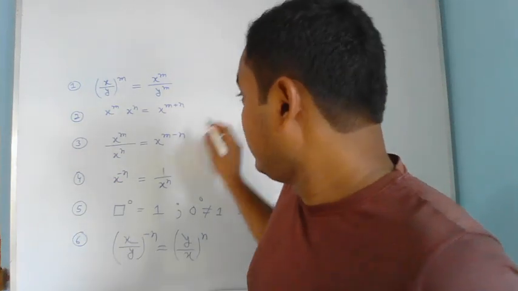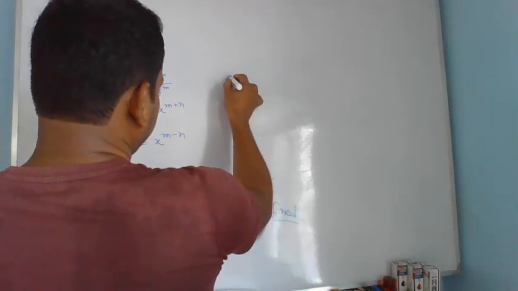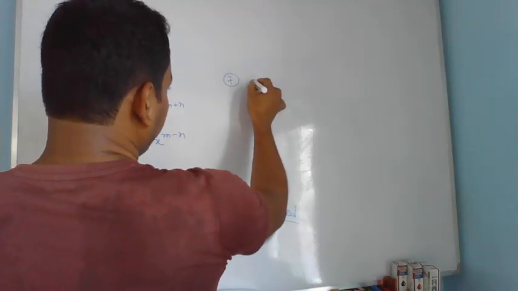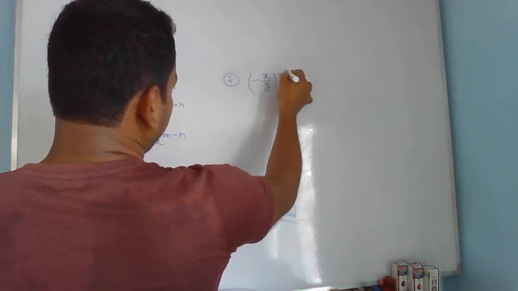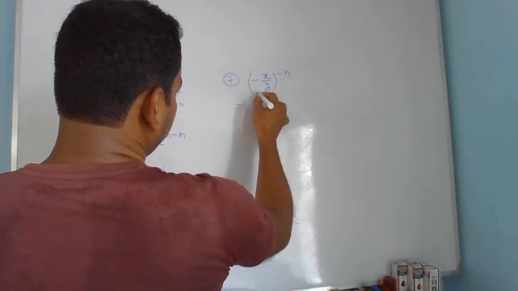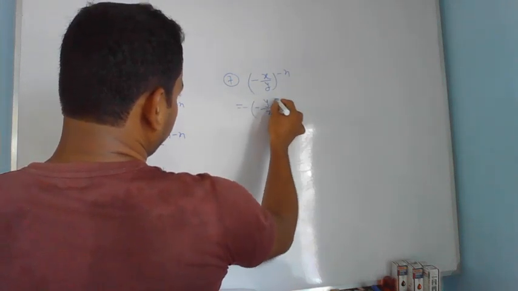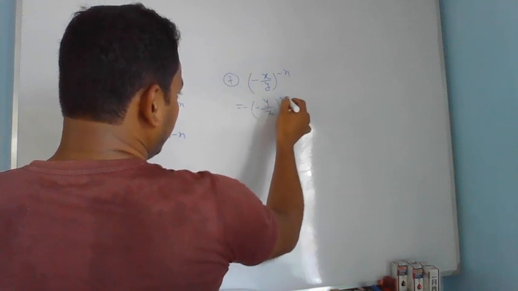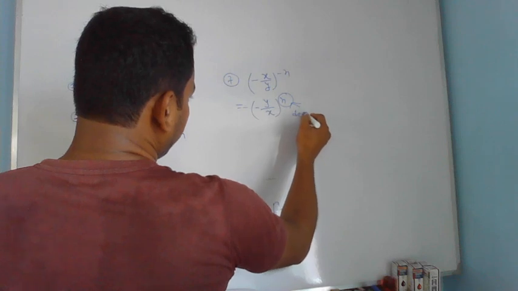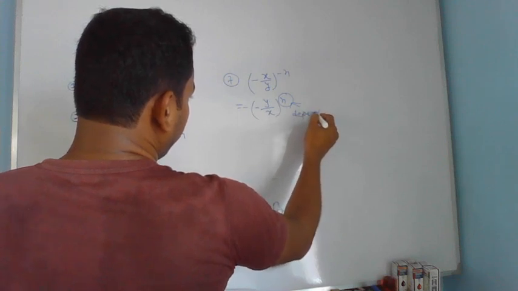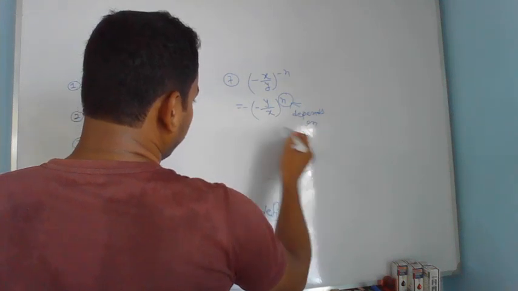If there is a minus here, let's write number 7. So minus x by y to the power minus n will be written as y by x to the power n, and the sign totally depends on n.